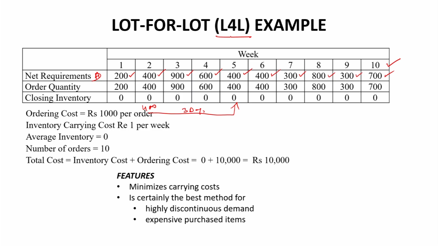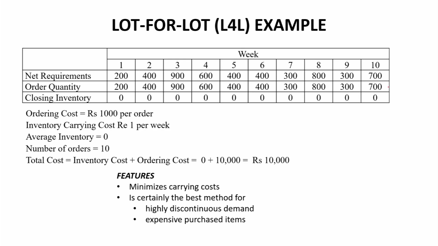In lot for lot, we are not having any inventory. That is the beauty, the best part of this ordering quantity, that we do not have any inventory; we are procuring only what is required in that particular week. So, our inventory is 0. How many orders am I placing? 10 orders.